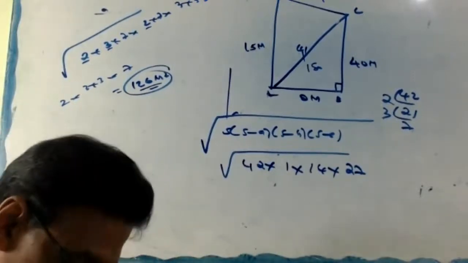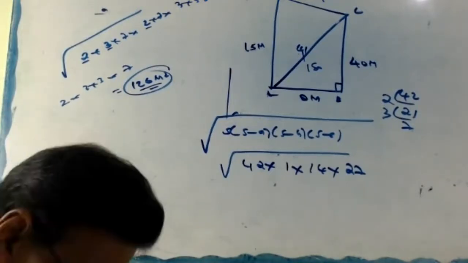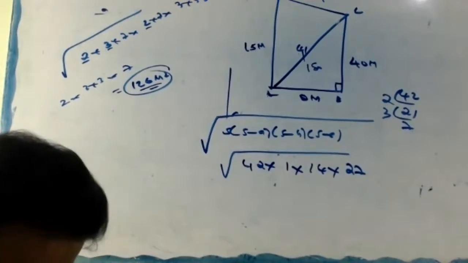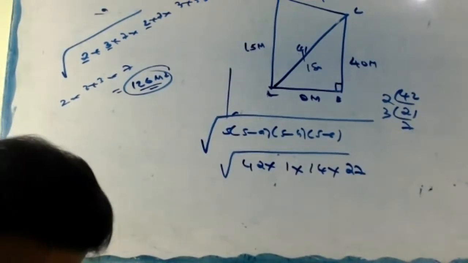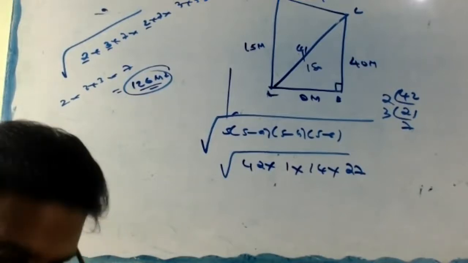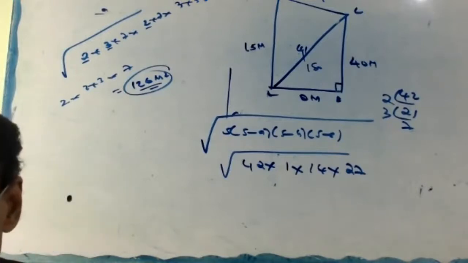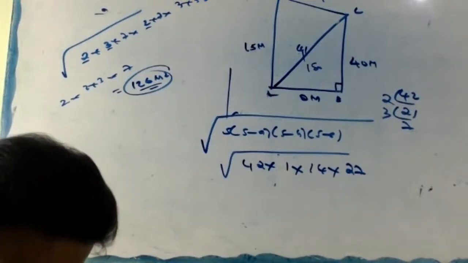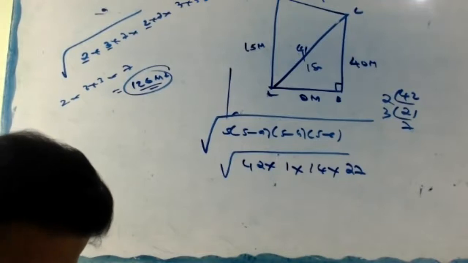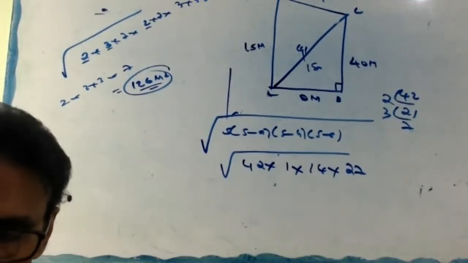The question is, the sides of a quadrilateral taken in order are 5, 12, 14, 15 respectively. And the angle contained by the first two sides is a right angle. Okay, then find the area.